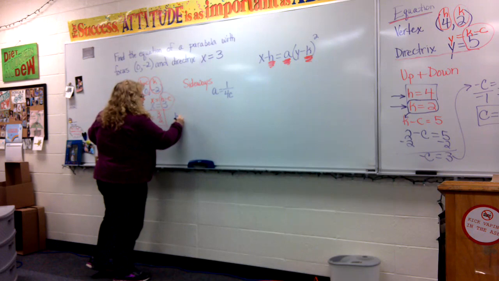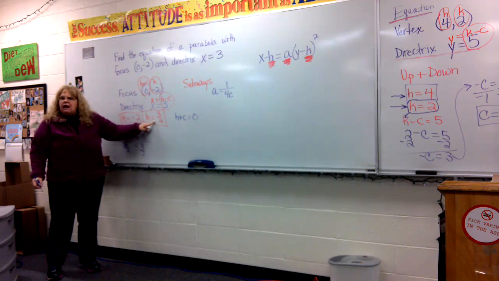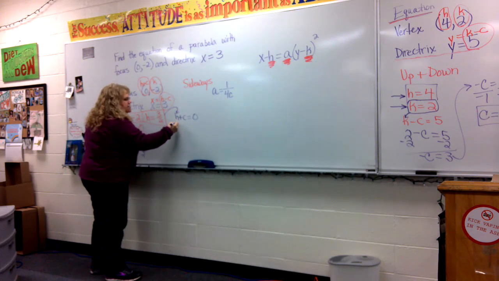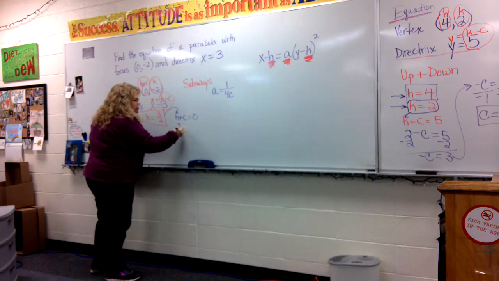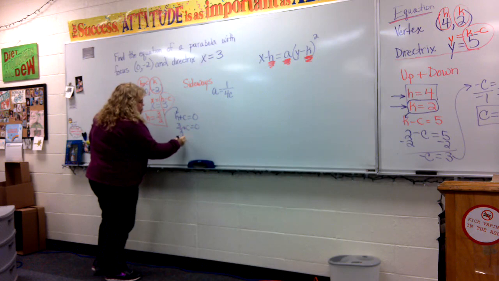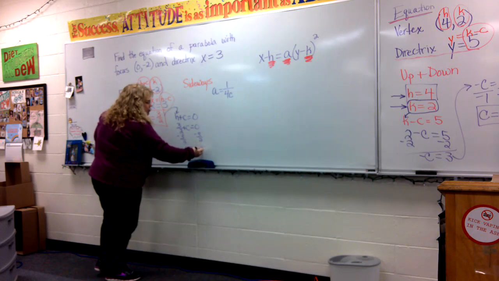I like the h plus c equals 0. Didn't we just figure out what h was? We're going to need to plug that back in right here. h is 3 halves, so minus 3 halves, minus 3 halves. c equals negative 3 halves.